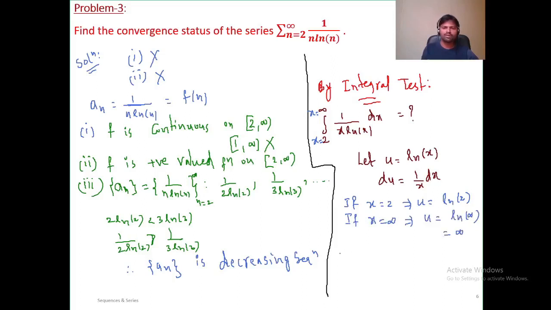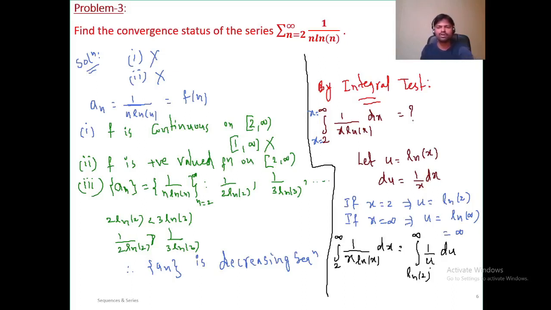So the integral from 2 to infinity of 1 over x ln x dx becomes the integral from ln 2 to infinity. First, 1 by x dx is du. Next, 1 by ln x is 1 by u. That's it: the integral from ln 2 to infinity of 1 by u du.